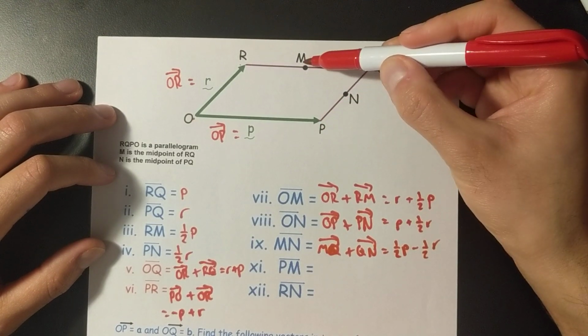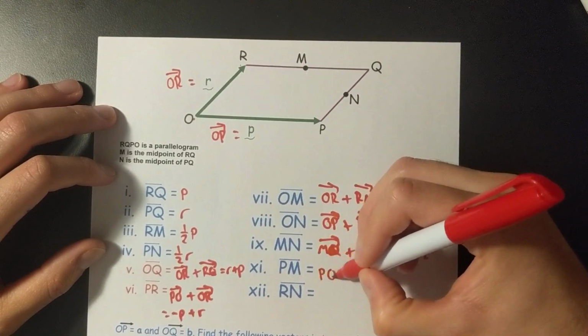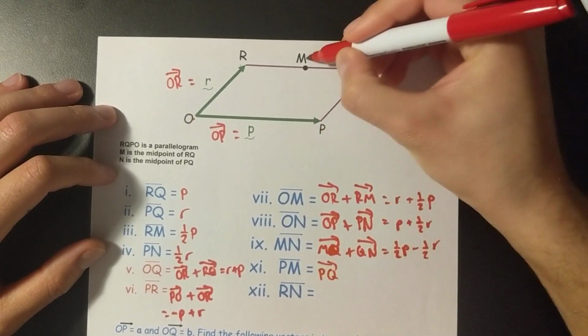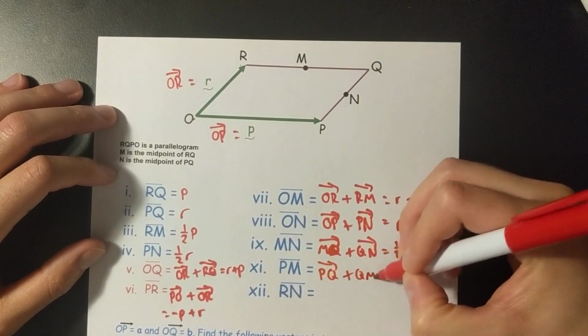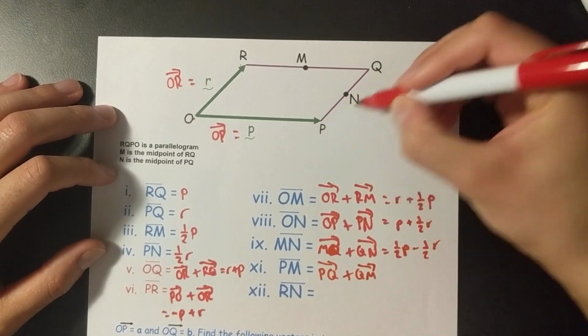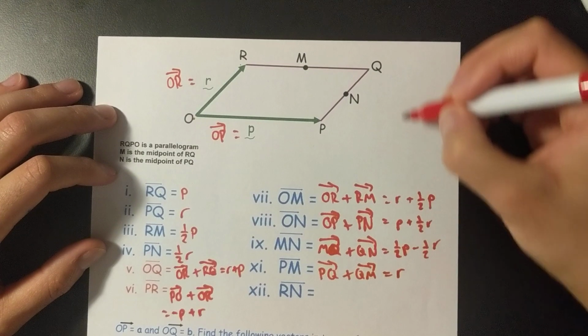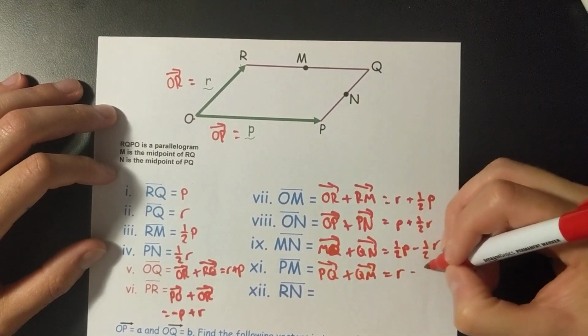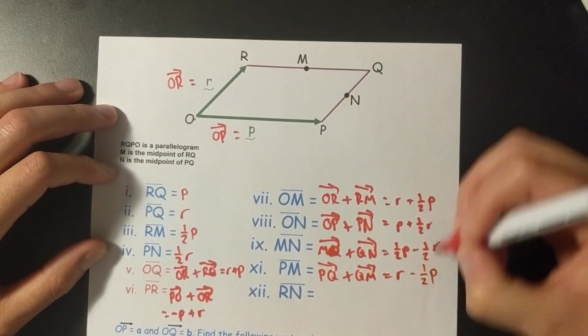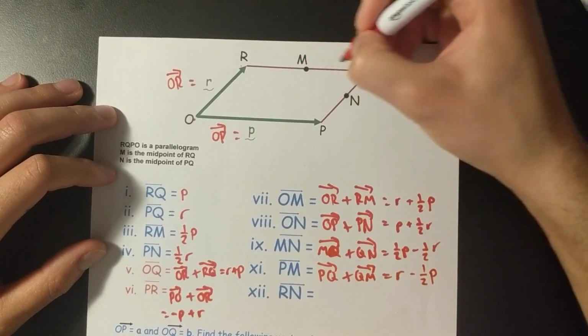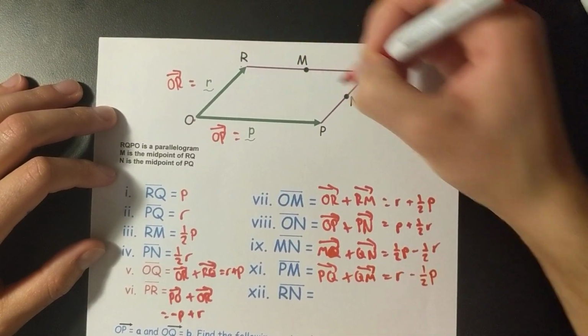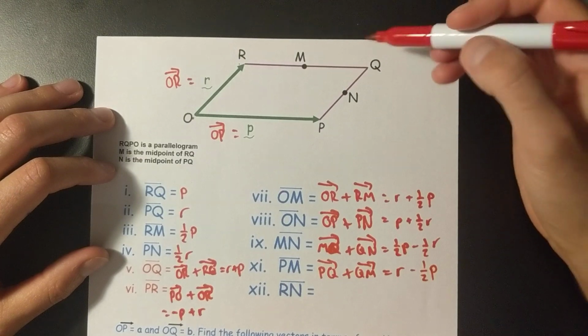P to M, well, let's say that's going from P to Q, and then Q to M. So that is going to be R, and then negative a half P. So I'm going backwards, opposite direction from P. I'm only going half the distance of P, so R minus a half P.